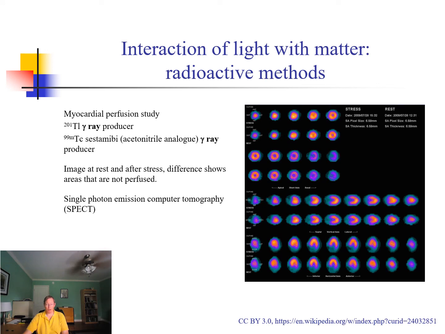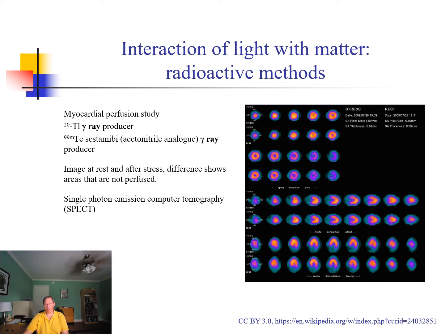Either the person is up on a treadmill or you put something into their bloodstream that makes their heart race. When this happens, if there are blockages, then you cannot perfuse that area of the heart, and it shows up differently at rest and when it was under stress or basically in use. We use two possibilities.